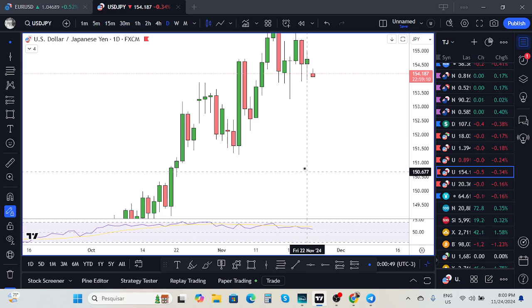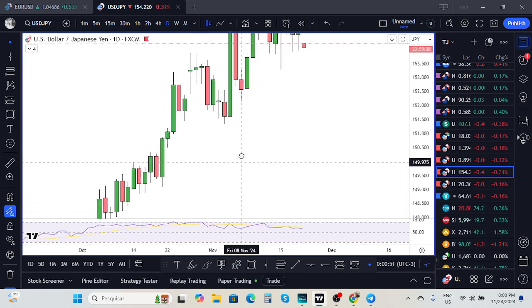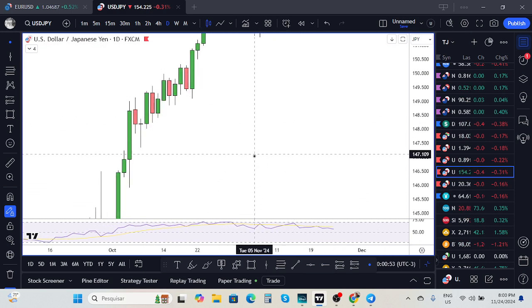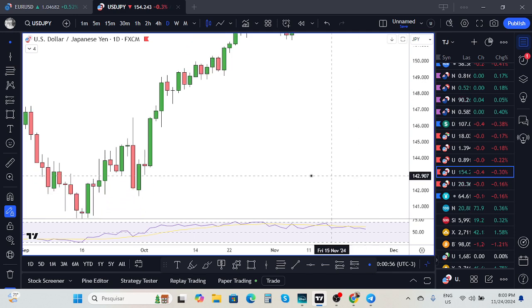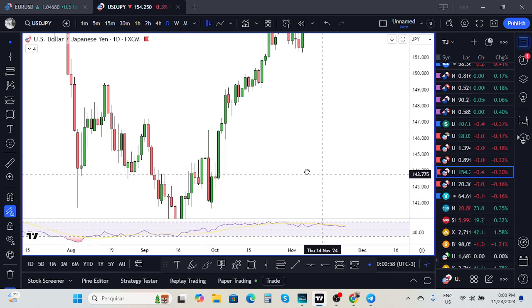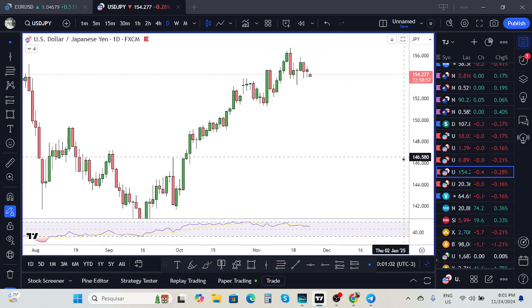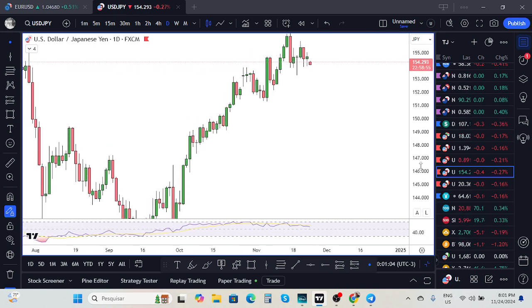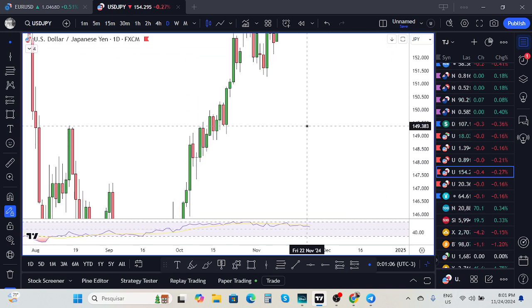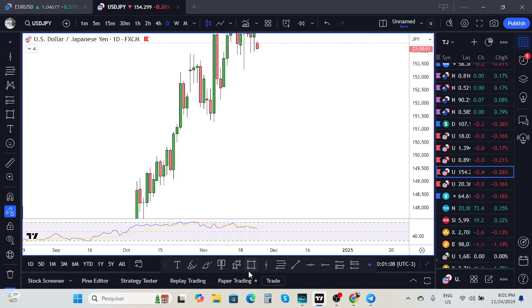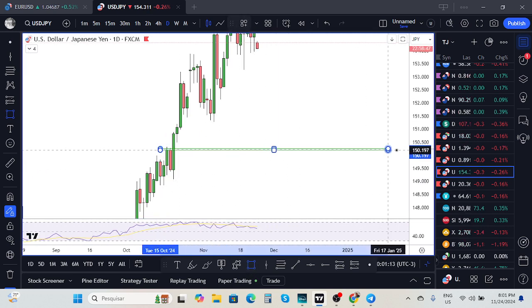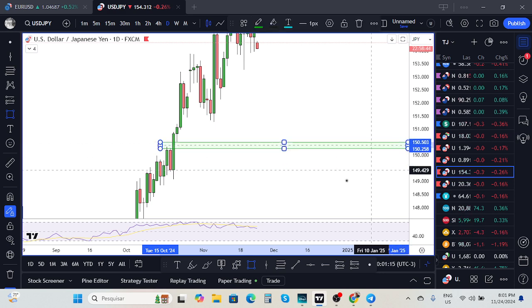USD/JPY, the market is going to sell. Japan is not saying anything about interfering yet. The latest news I heard from them is that they are not interfering any moment soon. I don't know when they are going to interfere, but know that we have a demand zone here, a fair value gap right here.